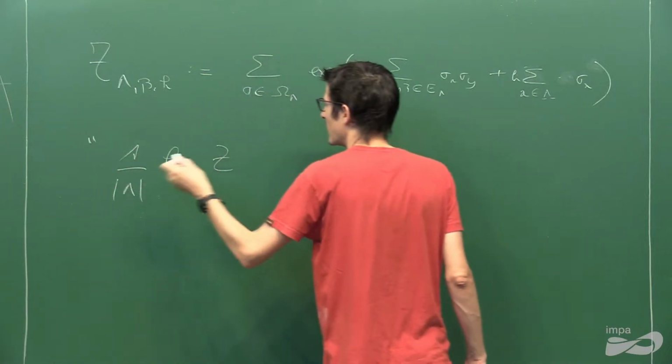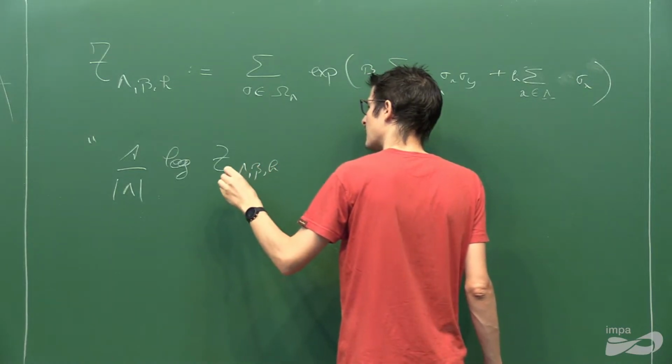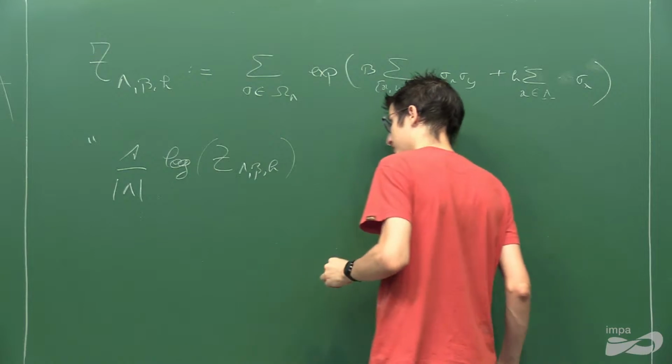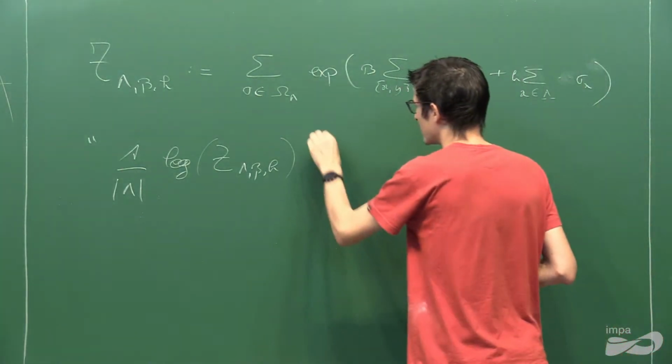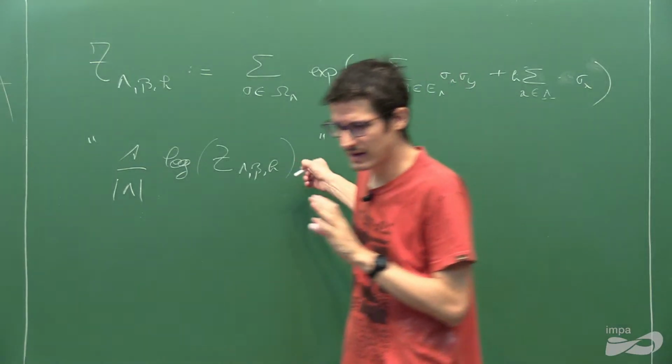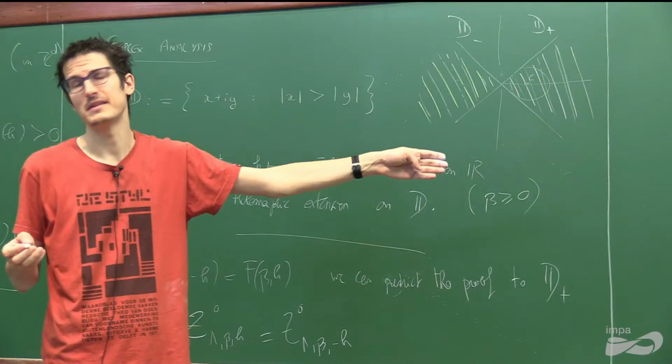Dividing by lambda is not too tricky, but I have to be careful when I take the log. Okay, let's discuss that later. And then we can try to make lambda go to Z^d in the Van Hove sense and try to see if this has a limit.